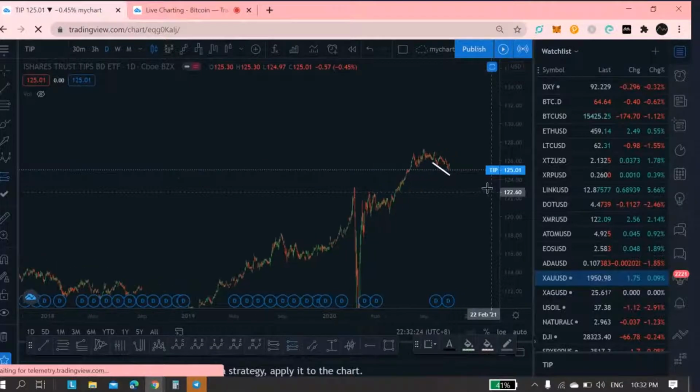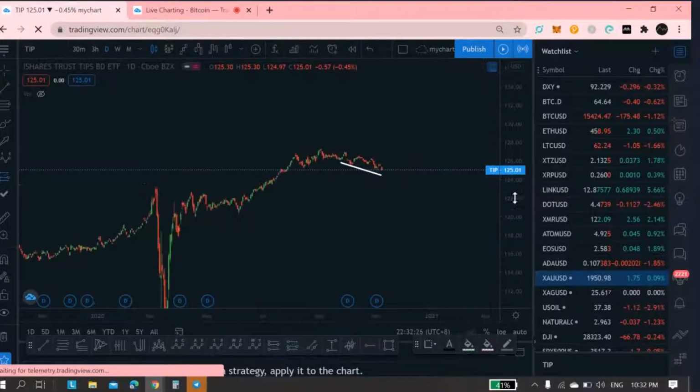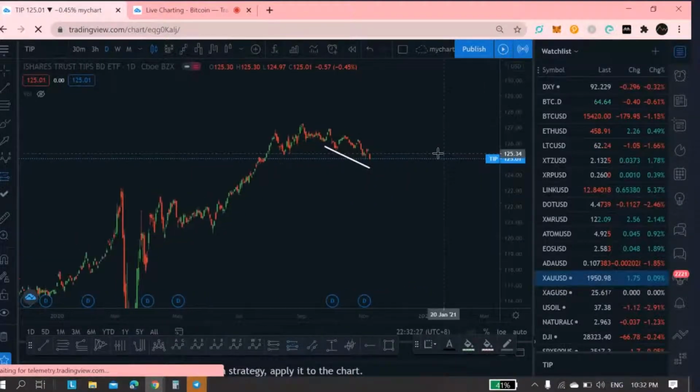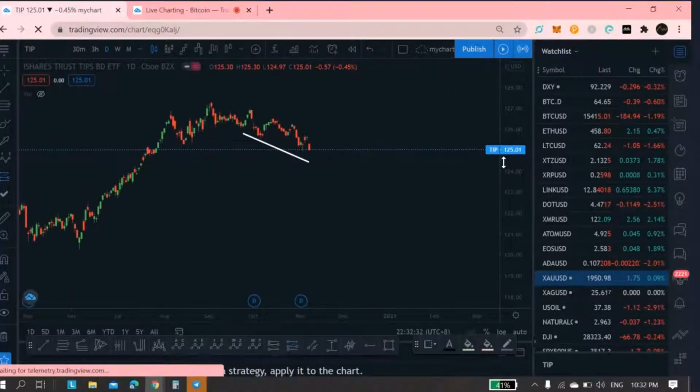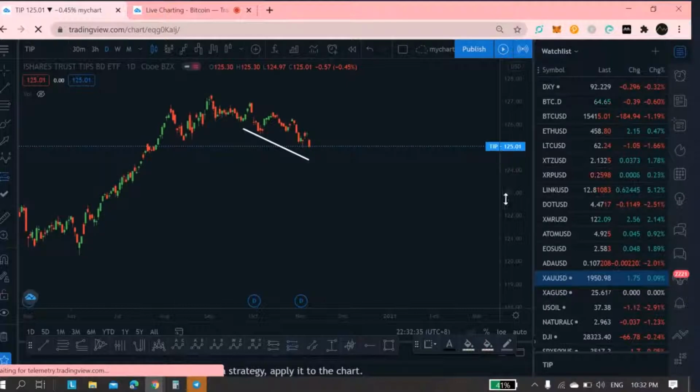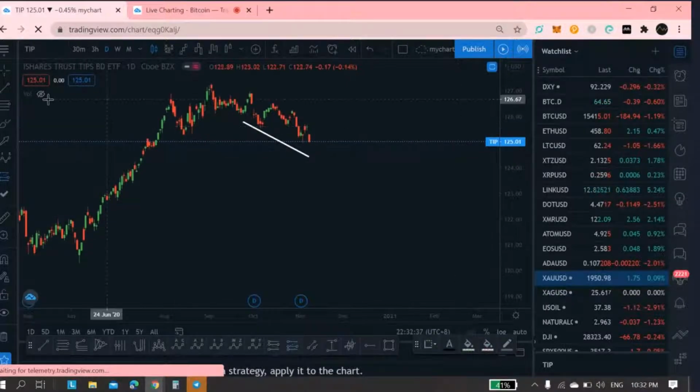So for me, I will use this one as a possible cut loss area.